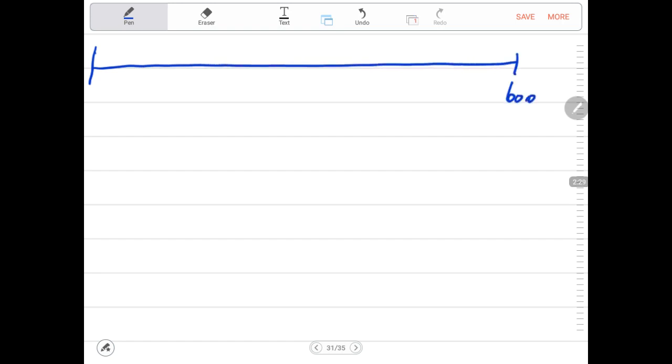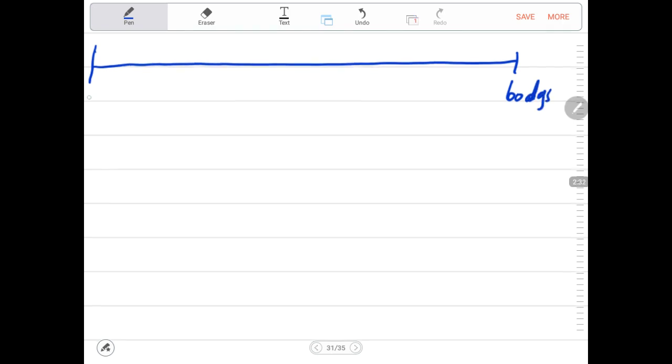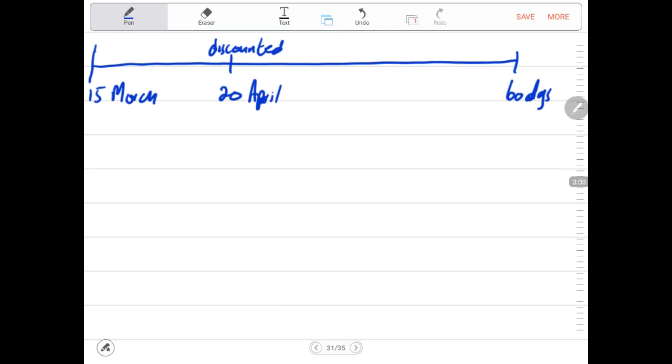So here it is a total of 60 days, and we are looking for the due date somewhere along the way. On the 20th of April, this bill was discounted, meaning the holder of the bill went to the bank and said, "Bank, I need money now on the 20th of April. I can't wait until the 60th day," which we don't know the date of, but we're about to calculate it.